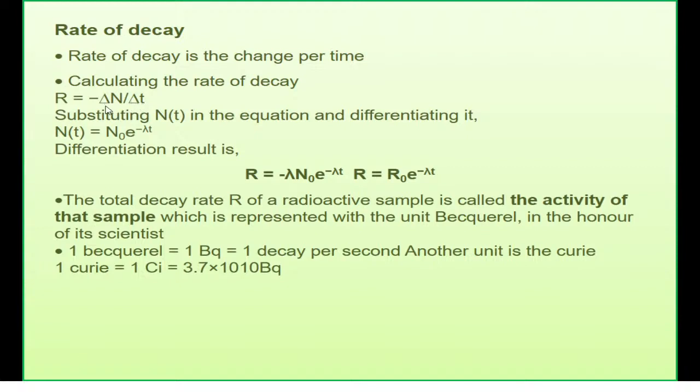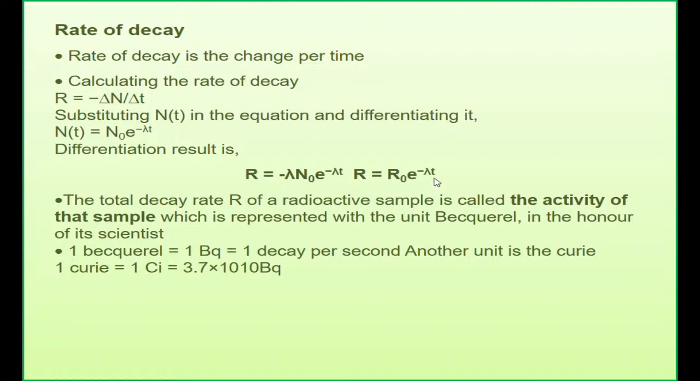When we divide this change of the number of radioactive nuclei by the time of their decays, we obtain the rate of decay. And the change of the rate of decay with time may be represented by this analytical formula.